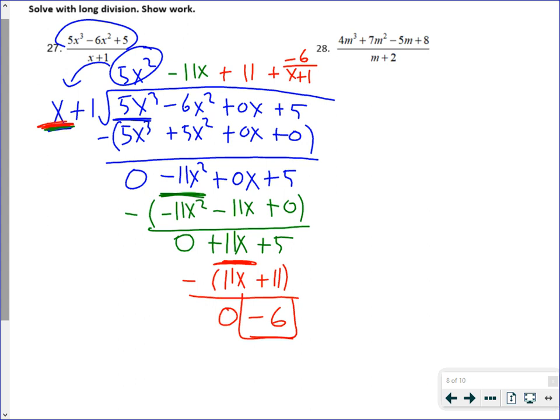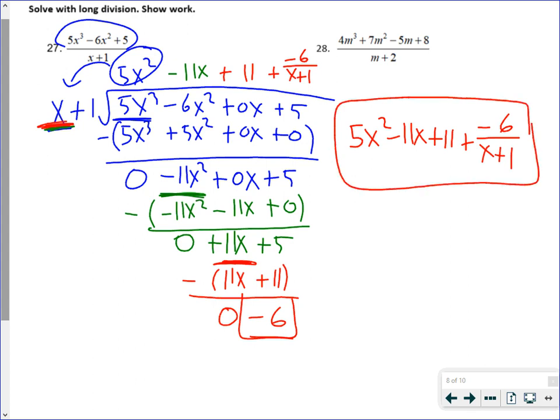So if we rewrite our answer, we get 5x squared minus 11x plus 11 plus negative 6 all over x plus 1. And that right there is our quotient for number 27. All right, and that's how you do long division. As a quick reminder.